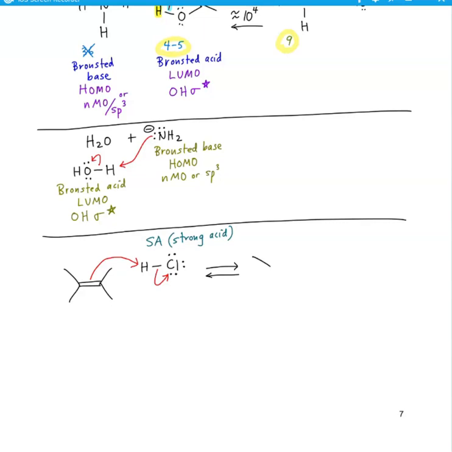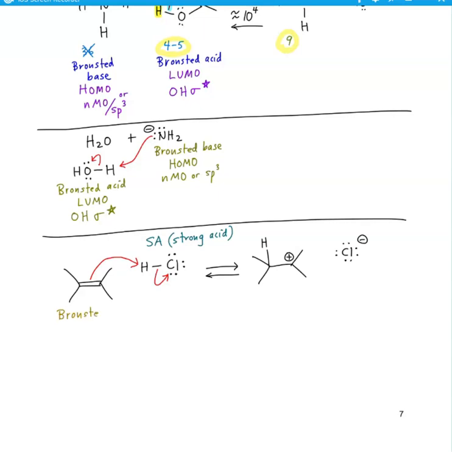We're going to draw the products of this, which will help us assess what's going on with the frontier orbitals and the reactants. But remember, when we're assessing frontier orbitals, we only look at the reactants. Okay, so the thing here that used its electrons to accept the proton from the acid is the alkene.